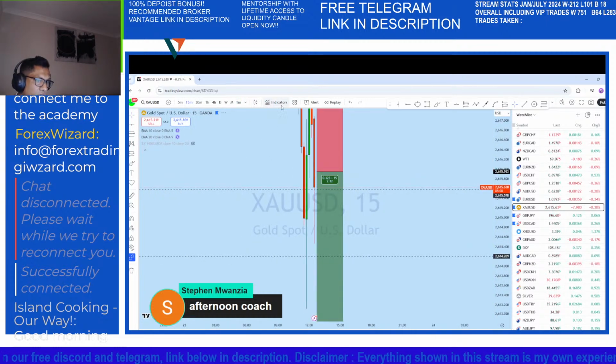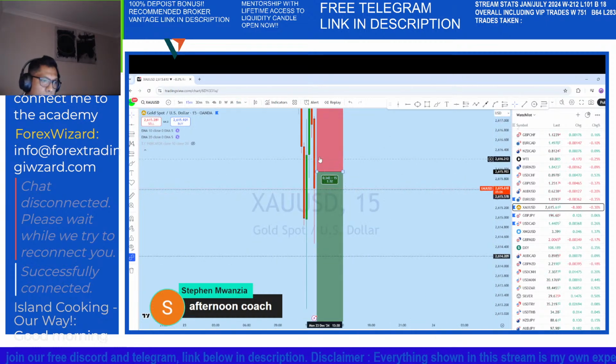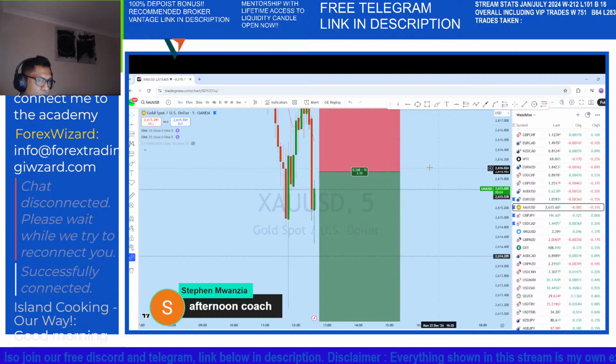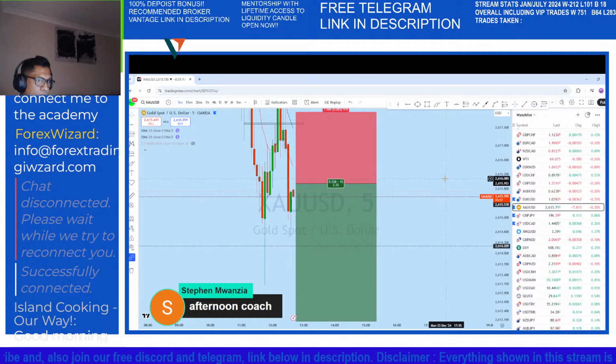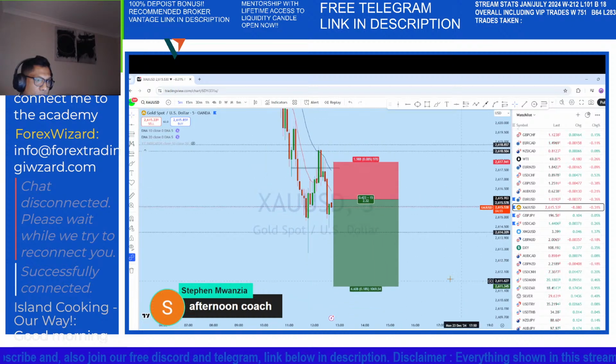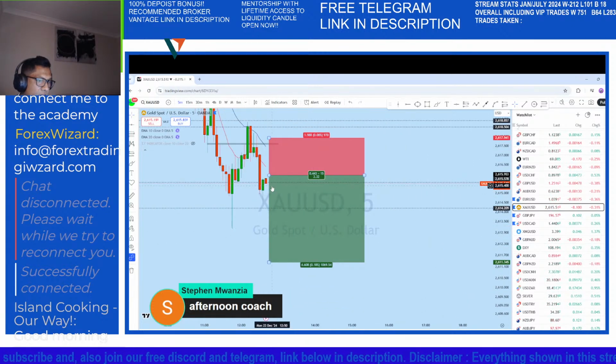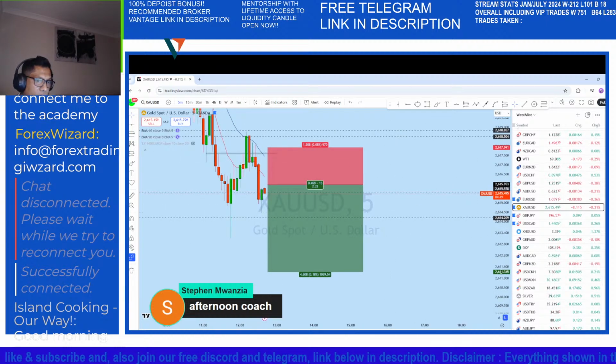That bounce is a little unusual, but the 5 minutes candle closed, and okay, so we can see expecting for the market to trend again in that direction.